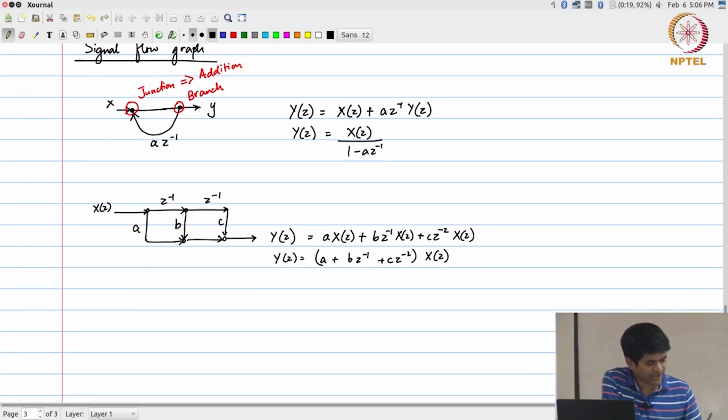Let's see what it would imply if I was to reverse all the arcs in this diagram, right? This top arc would go like this, direction of this z inverse reverses, direction of this z inverse reverses.